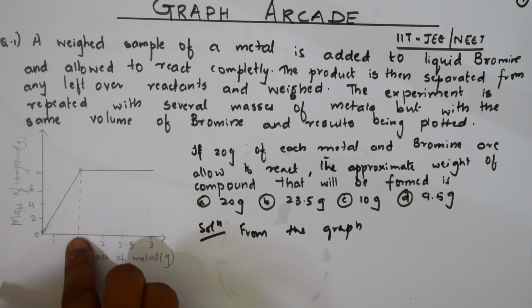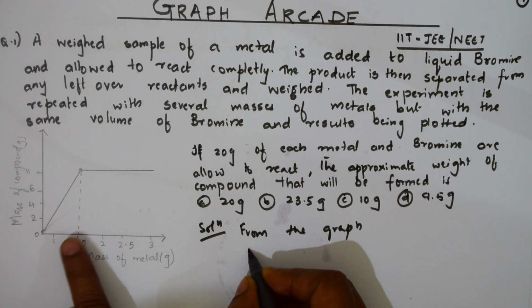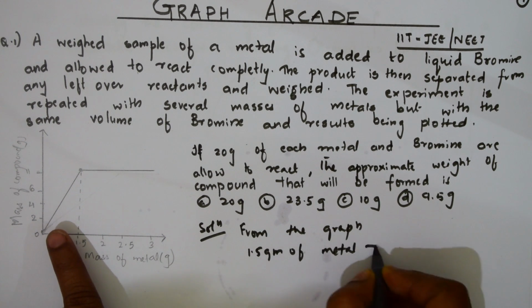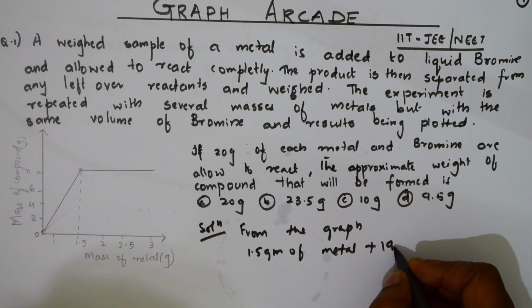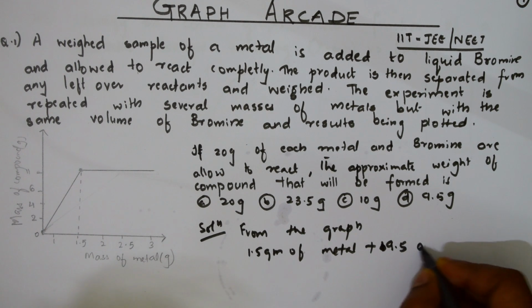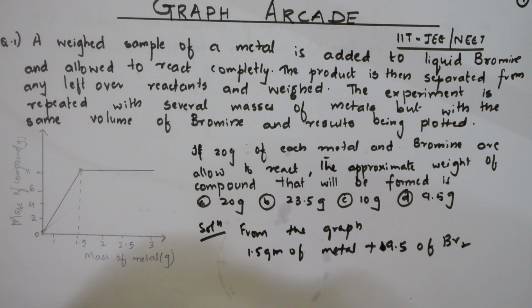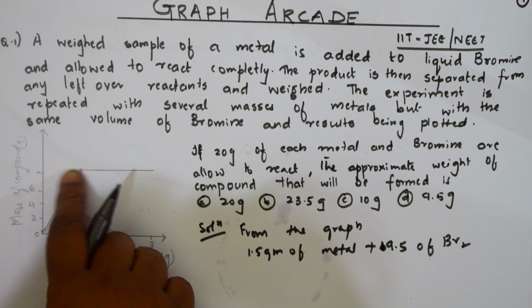Because it is marked here, 1.5 grams of metal has combined with how much bromine? 9.5 grams of bromine, standard. How did I say it is 9.5? Because when I see, the total mass of the compound is 11.